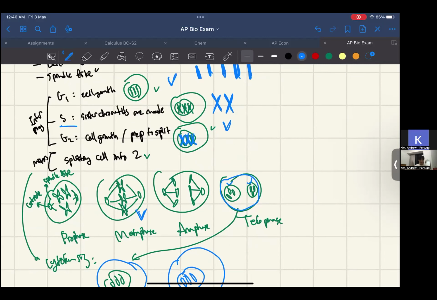Lastly, in metaphase, we check if the spindle fibers are all connected properly to the chromosomes, because if they're not, we shouldn't move on to anaphase and rip apart, right? We gotta rip off when all the chromosomes are aligned properly and it's healthy and it's ready to go. So we have 3 checkpoints, and these checkpoints are where regulation happens.